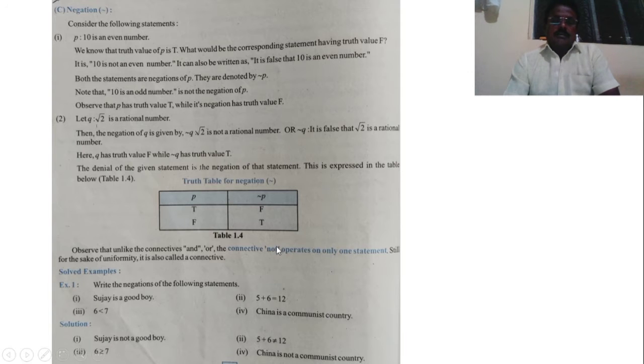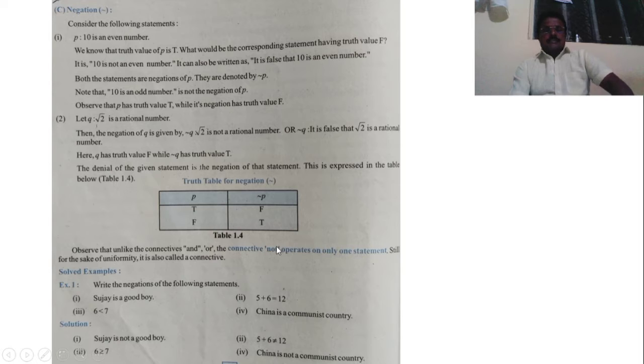The second: 5 plus 6 is equal to 12, and its negation is 5 plus 6 is not equal to 12. Next, number 3: 6 is less than 7 is the simple statement P. Its negation is 6 is greater than or equal to 7.